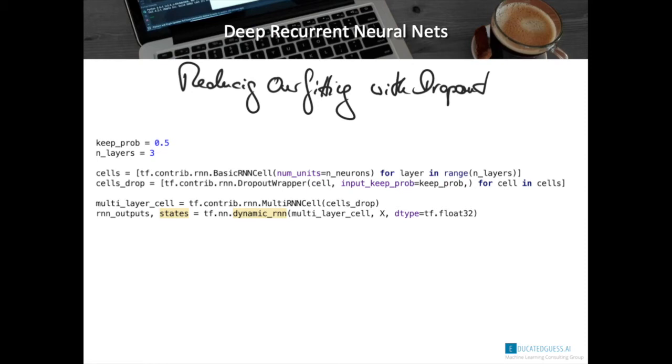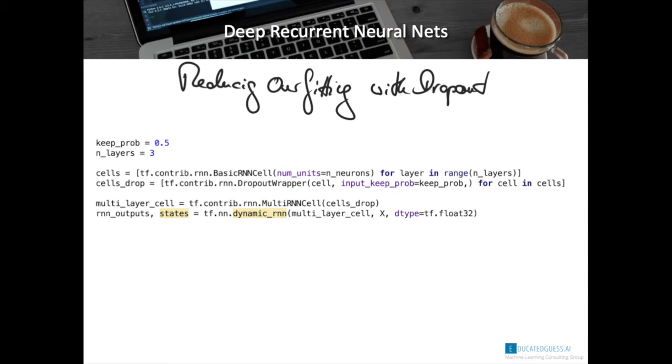Here we define our number of layers, and now we can build up our set of RNN cells, and then we use the dropout wrapper in order to apply dropout to our cells.